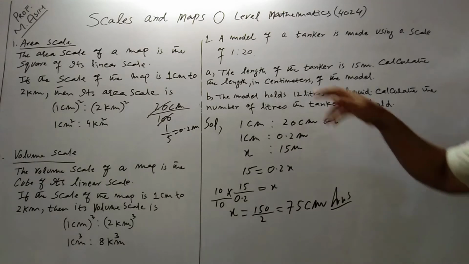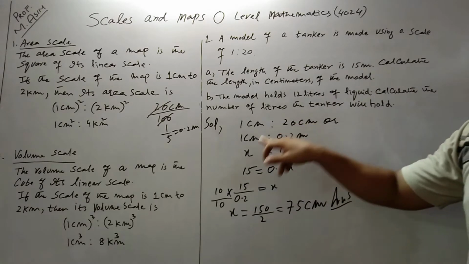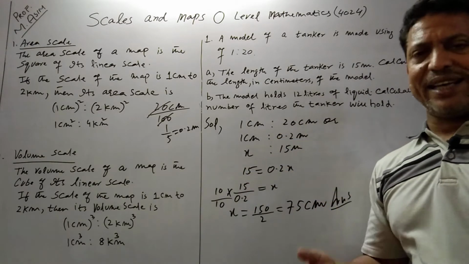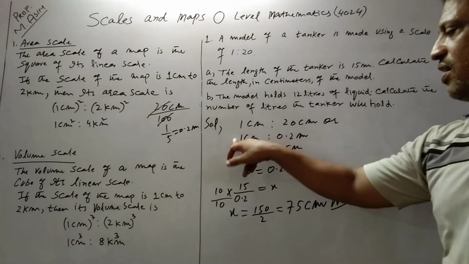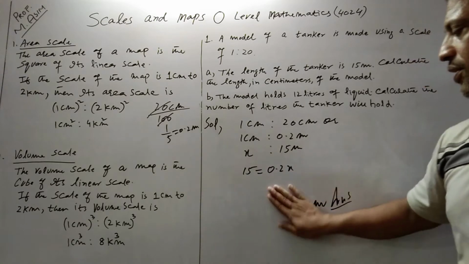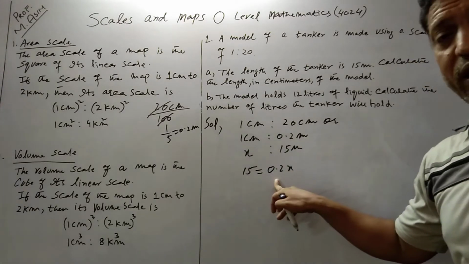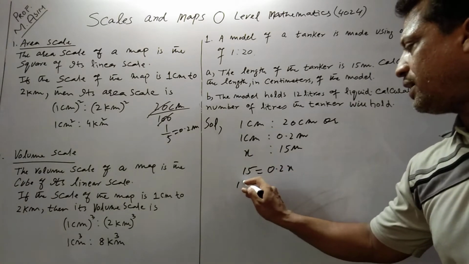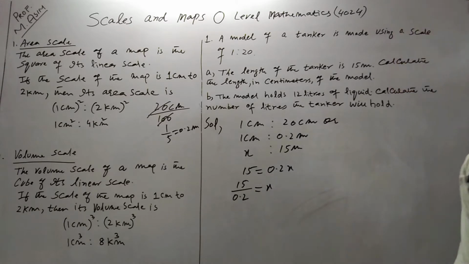And the question is, the length of the tanker is 15 meter. So 15 meter, and the length on the model is x. Then cross multiply: 15 by 1, 15 ones are 15, x into 0.2, 0.2x. Now find the value of x. This 0.2 is multiplied, so it should divide on the other side. So 15 divided by 0.2 equals x.